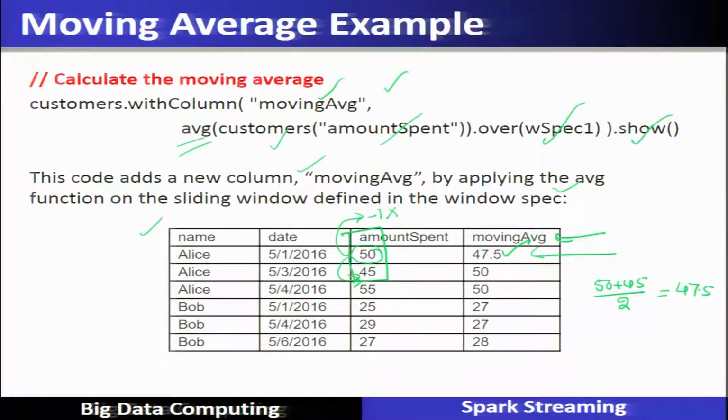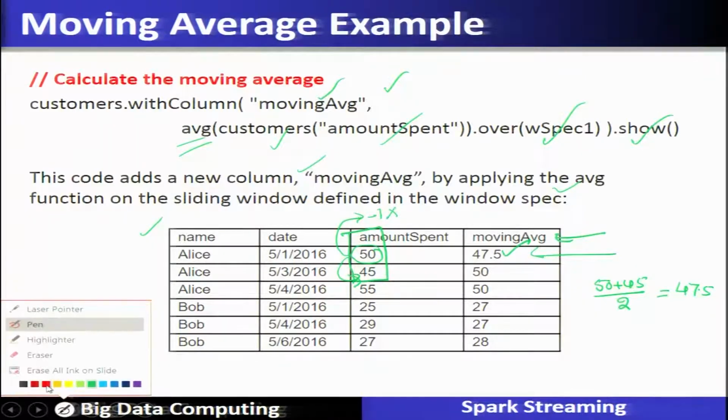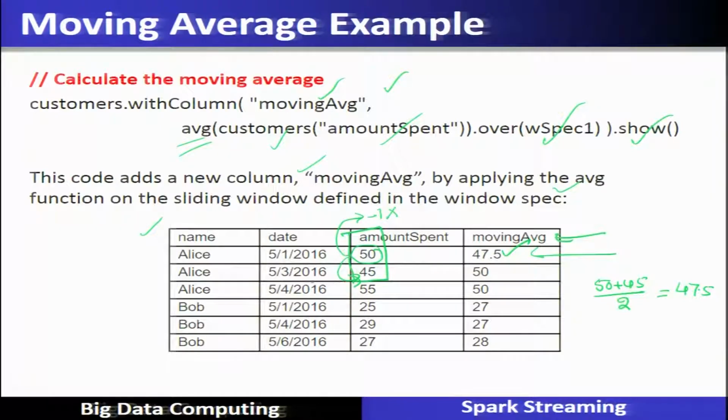Now consider this particular entry, that is 45. We will consider this row as -1 and this row as +1. So this window will contain all three values, 50 plus 45 plus 55, and if you take this average, it comes out to be 50.